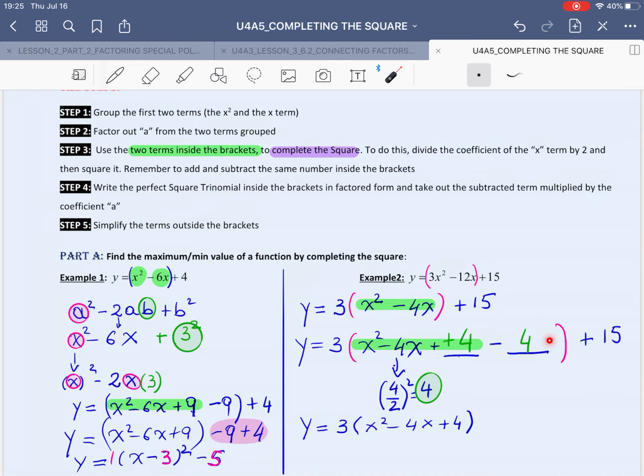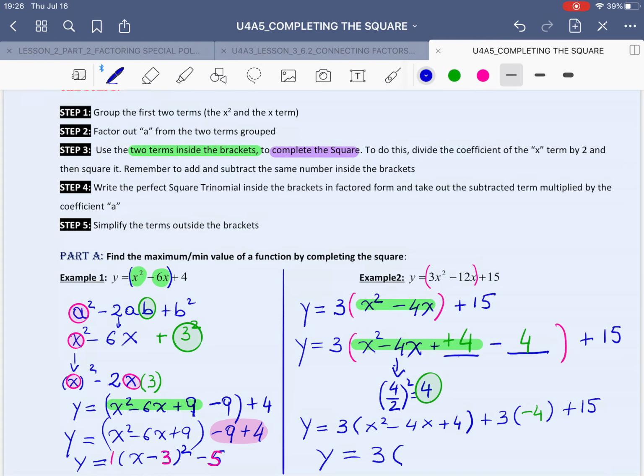So if you decide to take this out, you have to multiply it by the coefficient 3 here. If you remember this step, then I would say you will find completing the square very easy from now on. So we have plus 3 times negative 4, and then we have plus 15 here.